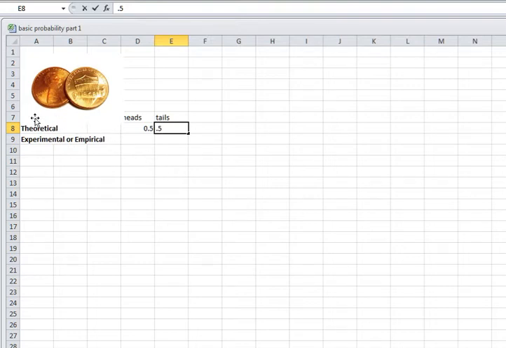Now that is what's called theoretical, because we're just looking at our objects in this case and saying this is what should happen. Now, if you did an experimental, or sometimes called empirical probability, you would be just conducting the experiment. Maybe you flipped the coin 100 times, and what did you get? You may end up with 75% of them being heads, or you may end up with only 25 being heads.